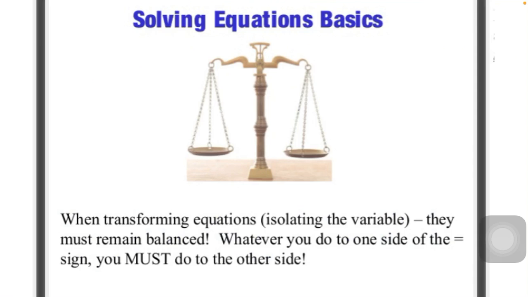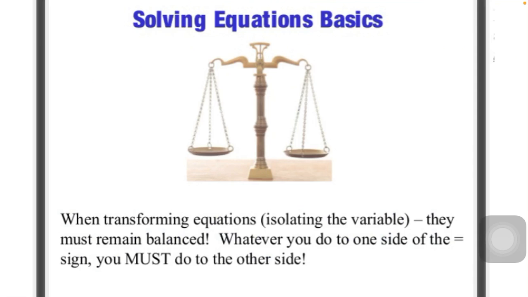Okay, next. Here they are saying that an equation must be equal on both sides. It should be balanced. Whenever we do anything in the equation, it should be balanced on both sides. We have two sides, LHS and RHS, so it should be balanced on both. That is why it is written here that when transforming equations, or solving for the variables, they must remain balanced.